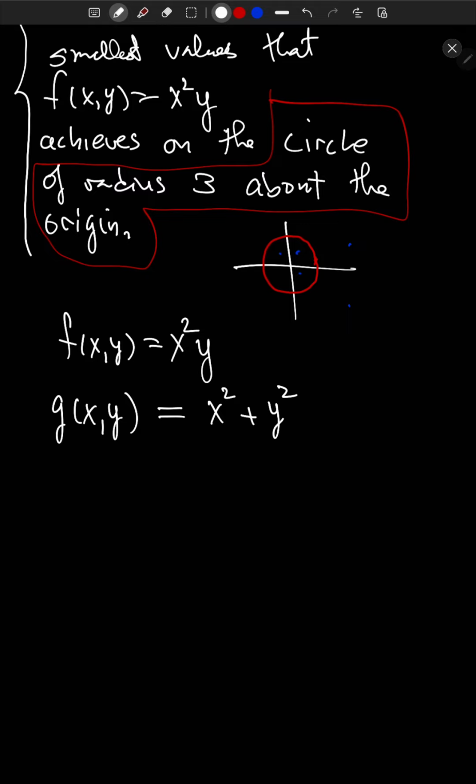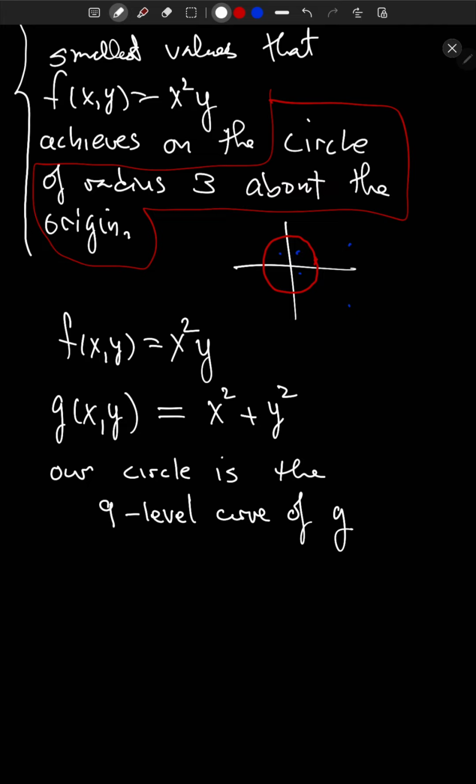Okay. So if I use this particular g of x comma y, then our circle is the 9-level curve of g.